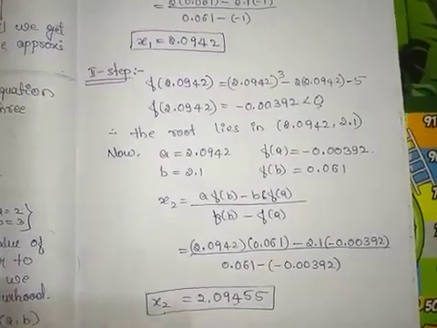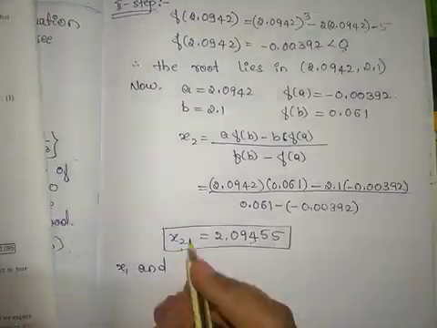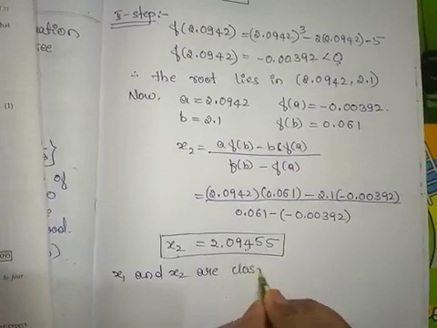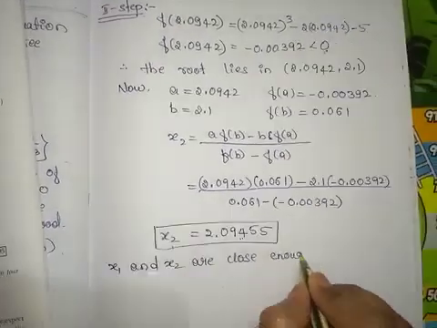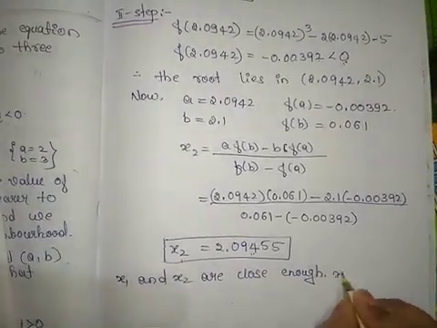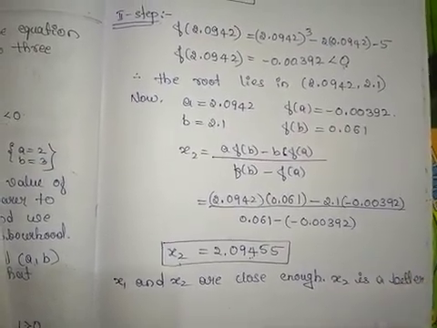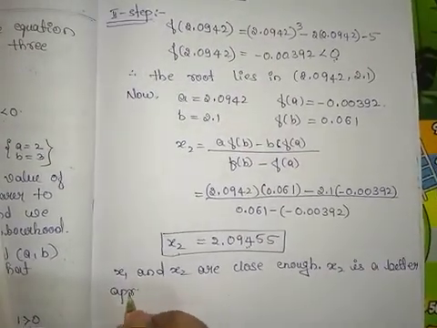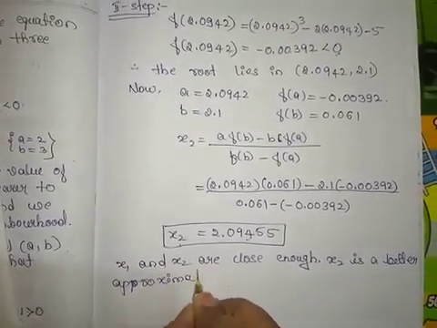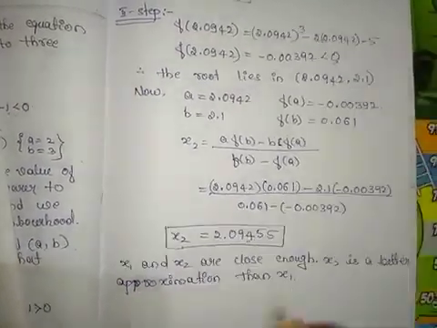So x1 and x2 are close enough, and x2 is a better approximation than x1.